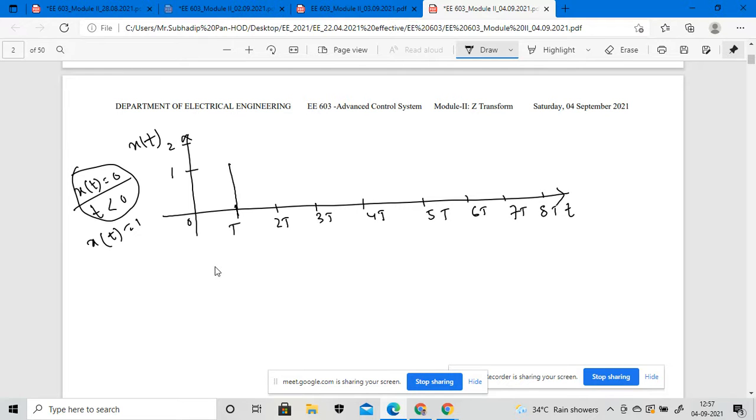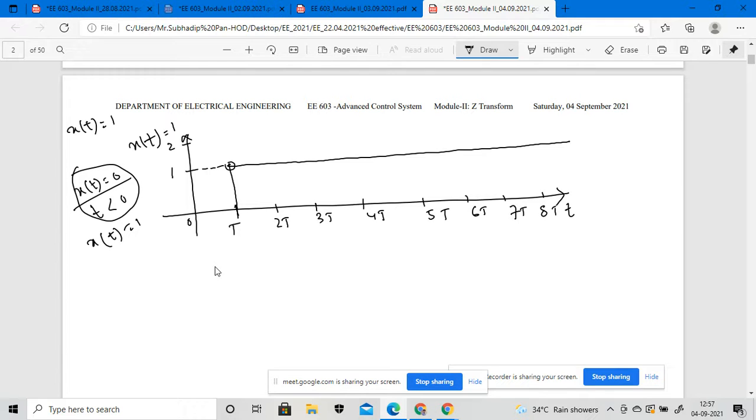So this will be the signal, right? This is nothing but the values of x of t, which in this particular case is equal to 1.